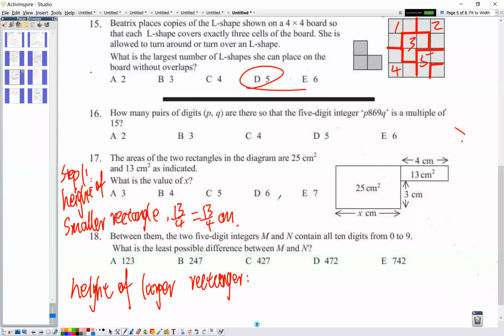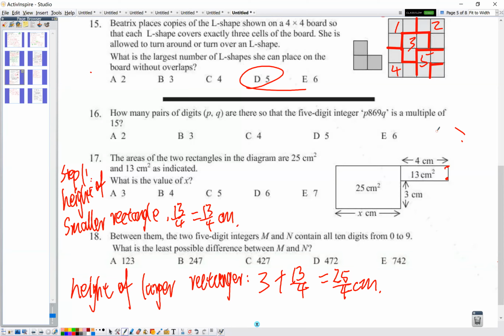So the height is 3, adding this bit. So 3 plus 13 over 4. The answer is 25 over 4 centimeters. 25 over 4 centimeters.